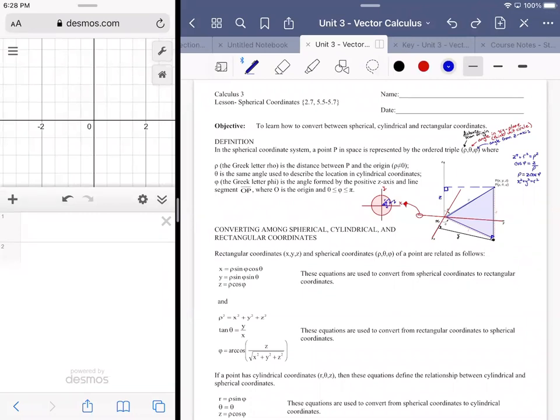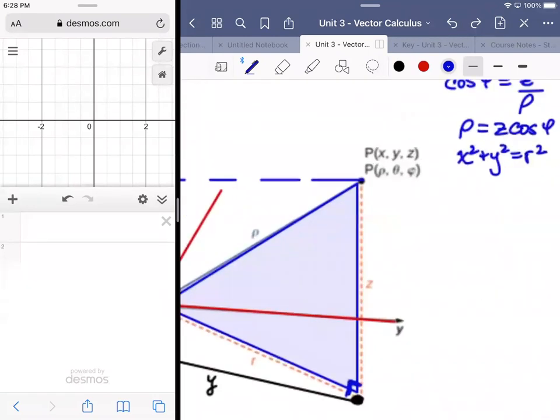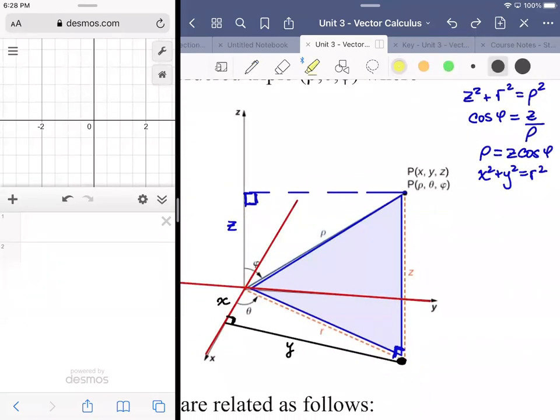So the first one, x is equal to rho sine of phi cosine of theta. Well, that's kind of tricky because it looks like it comes out of nowhere. But if you think about it, what we'd have to do is figure out a way to represent this location in terms of those spherical coordinates.